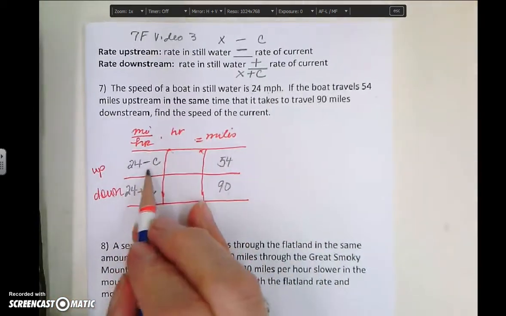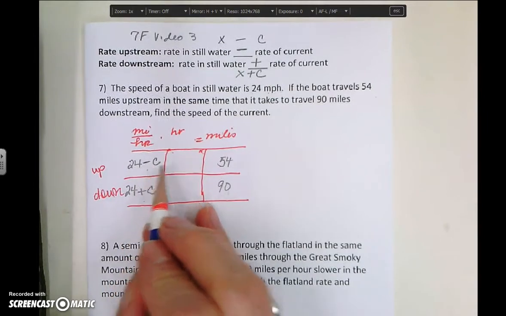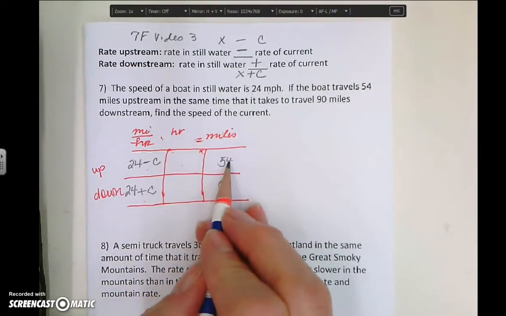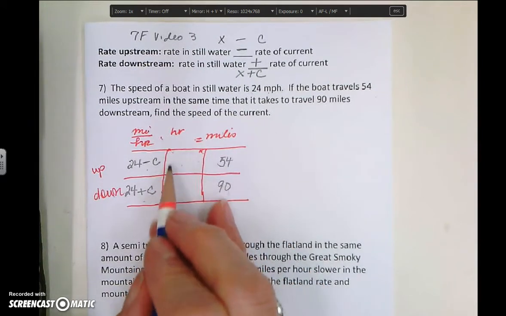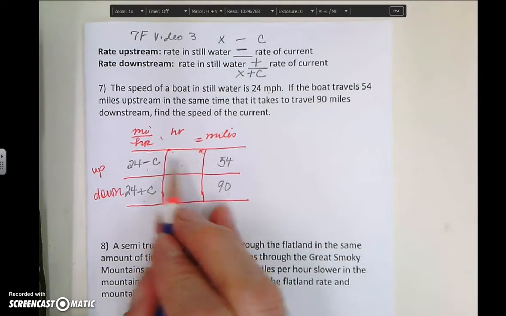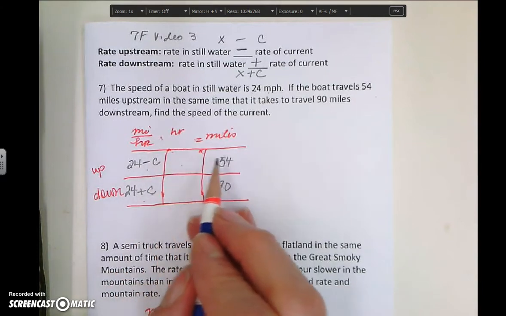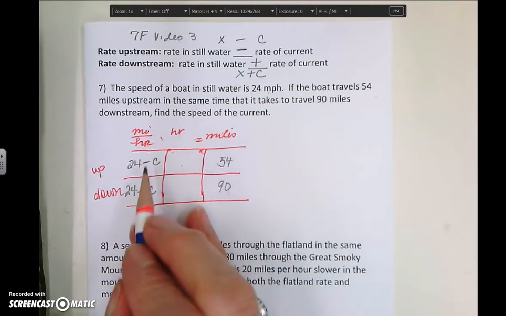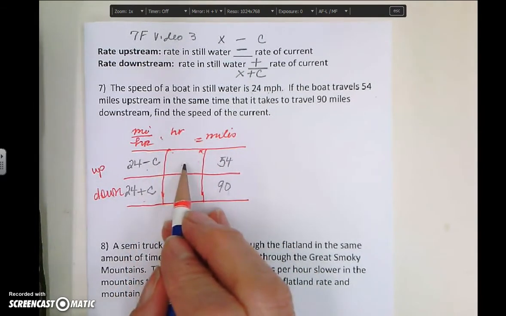Now typically we will multiply the first column times the second column, and it's equal to the third column, except we're missing this one. So just think, when you multiply two things and get an answer, you can go back the other direction by taking the answer and dividing to get this number right here.